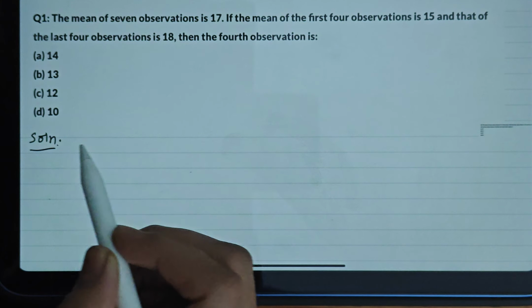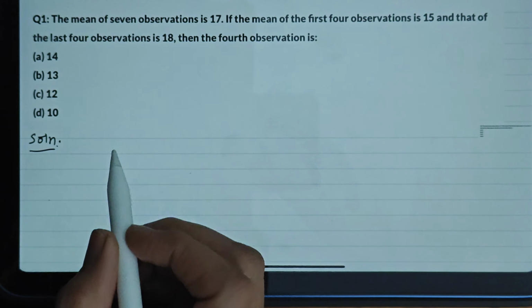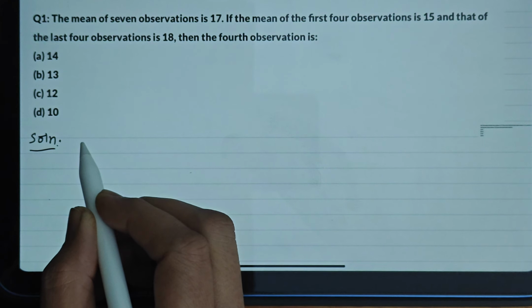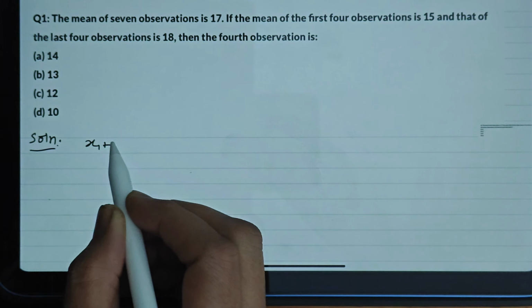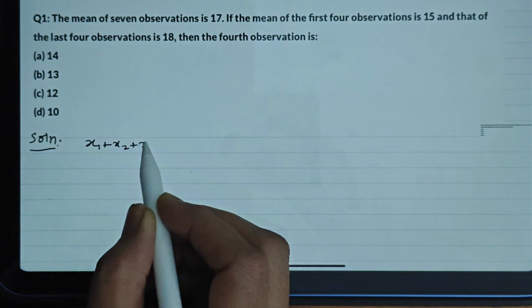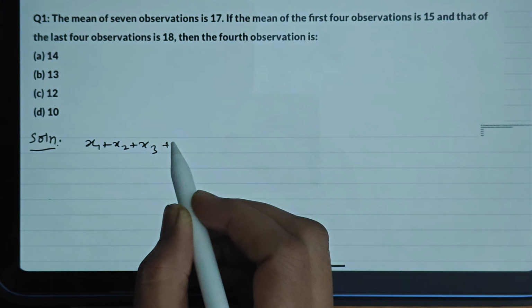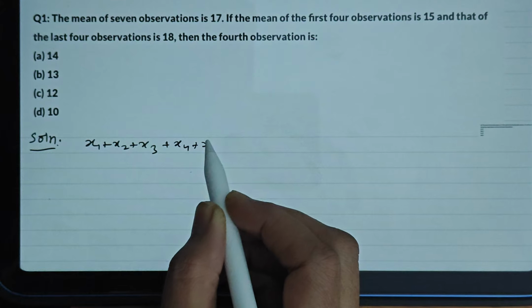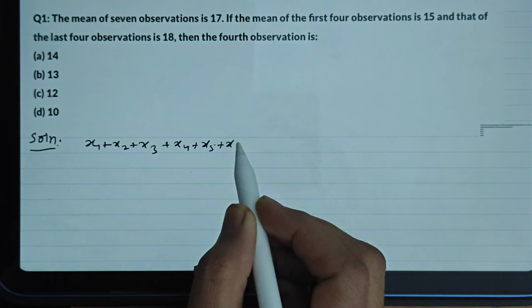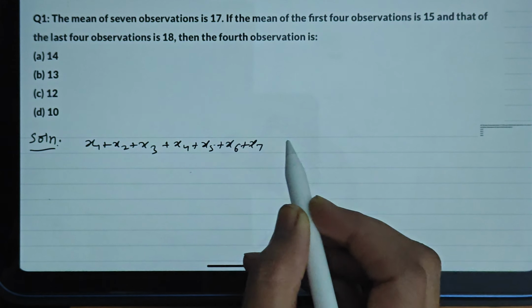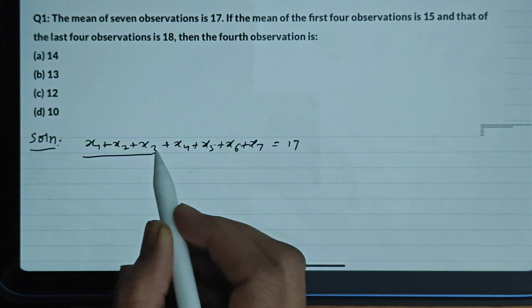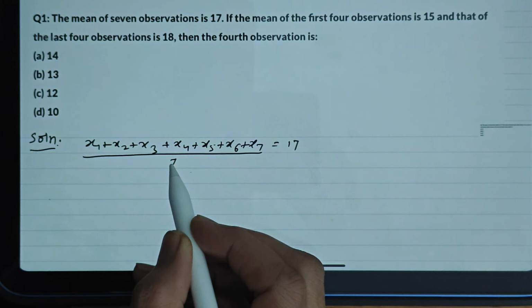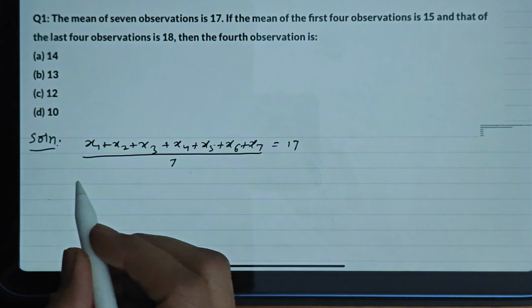Solution. The mean of 7 observations is 17. How will you write? Suppose x1 plus x2 plus x3 plus x4 plus x5 plus x6 plus x7 divided by 7, because it is the mean, you have to divide by the total number of observations, is 17.